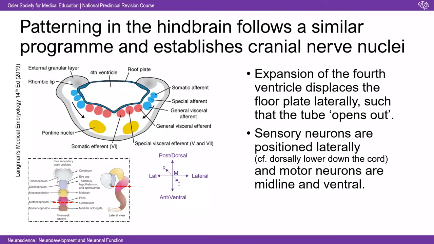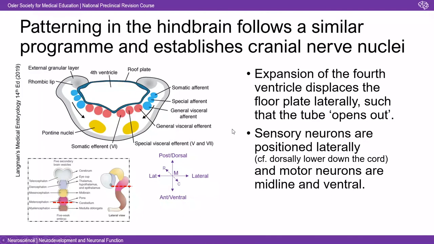So it's a tube and it opens out. And what that means is that the motor nuclei, in red, that were ventral, remain ventral and in the midline. And those sensory nuclei here in blue are no longer dorsal as such, but actually more lateral.